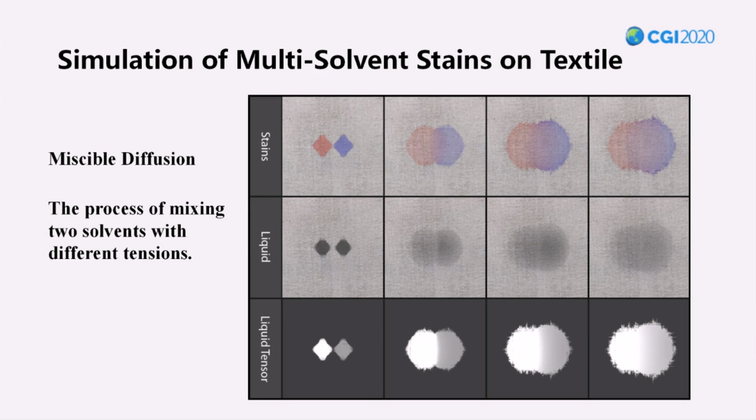But unlike the previous experiment, in this experiment, the surface tension between the two solvents is not the same. Therefore, when the two solvents are mixed, the tension of the mixed solvent also changes, and according to the capillary pressure formula, the change of tension can affect the capillary pressure and the diffusion effect of the fluid. So the final stain shape is different from the previous demo.